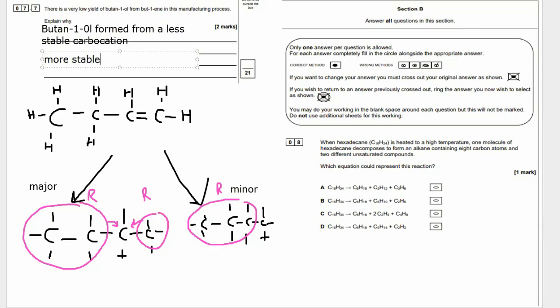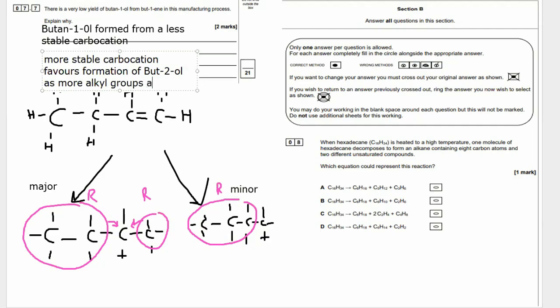More stable carbocation favors formation of butan 2-ol, as more alkyl groups attached. So it's the carbocation with the most alkyl groups attached that forms.